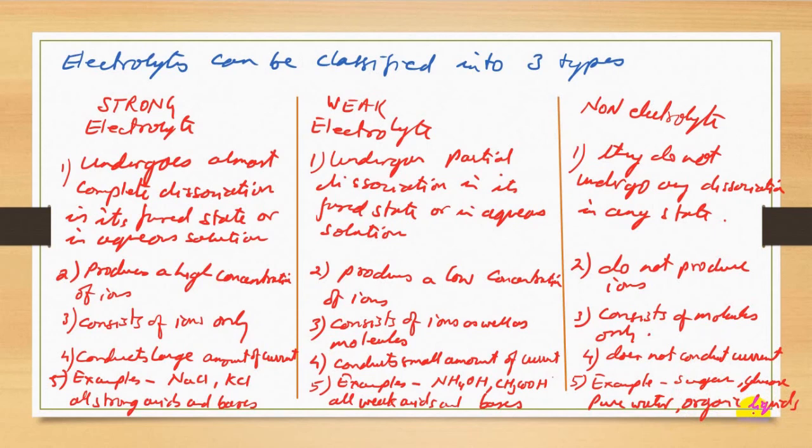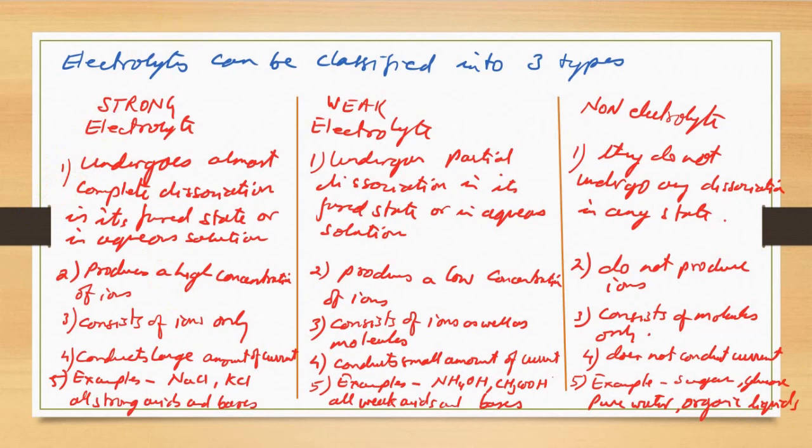Now here, just a simple thing. If it is asked how you will identify whether a substance is a strong electrolyte, weak electrolyte or non-electrolyte, because you cannot see how many ions are produced and all those things, isn't it? How will you identify them? Remember, we can identify easily from the first thing which I told you.